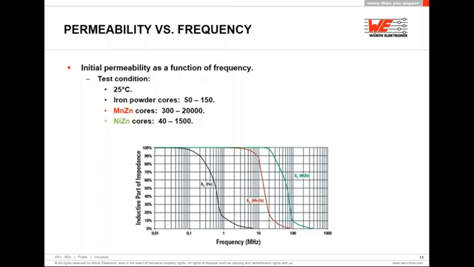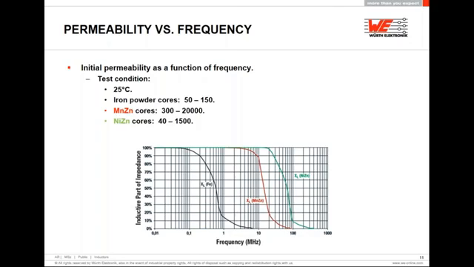It plots the inductive parts of impedance, X_L, and their frequency dependence for 3 different core materials. You can see the comparison between iron powder in the black line, manganese zinc in red, and nickel zinc in green. This test was made at room temperature, in this case 25 degrees Celsius.